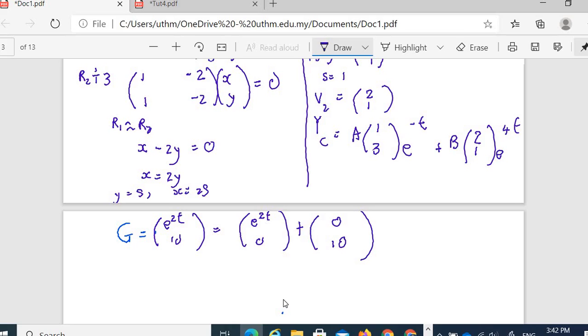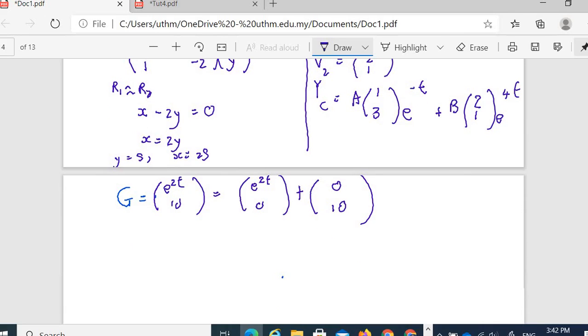So vector G is a linear combination: this is exponent 2t, this is a constant. So you choose your yp. If exponent 2t here is a, b, you choose this as c, d exponent 2t. This is constant, so c, d, and then this will be e, f.